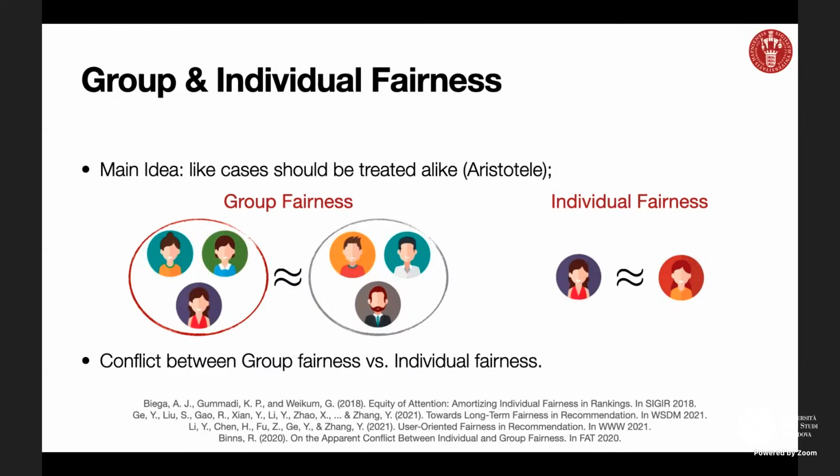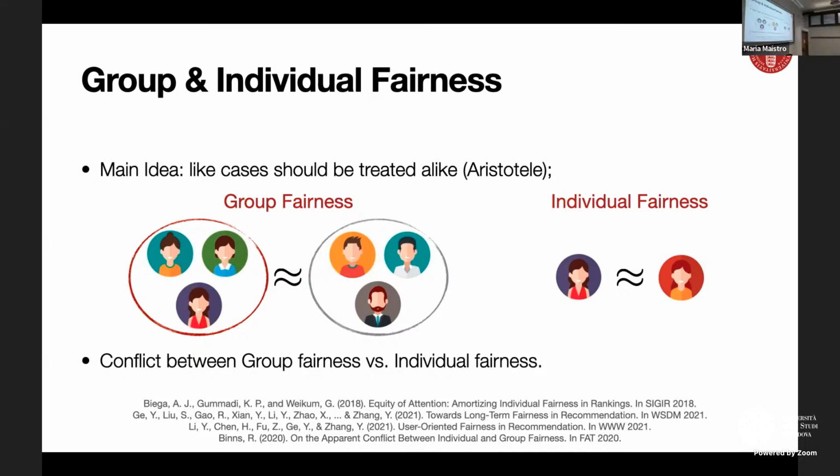So I don't want the system to generate a bias, for example, as I showed you at the beginning, towards females that are applying for software engineering jobs. The other case is individual fairness. I don't really care about the specific attributes of the users, so it can be gender, age, or whatever. But I want the system to treat similar users in a similar way.